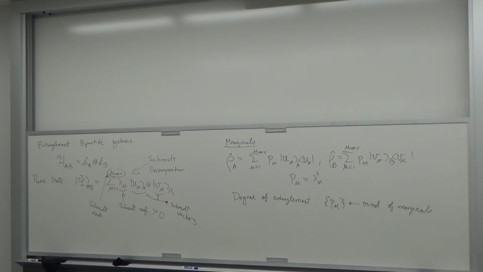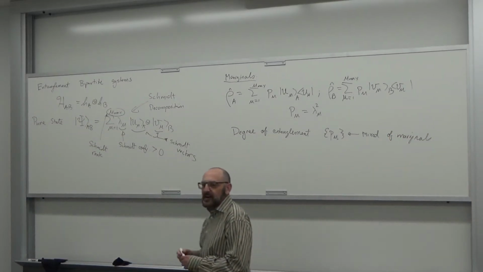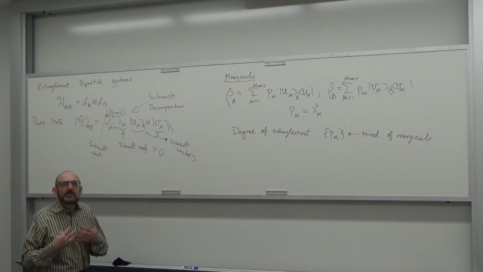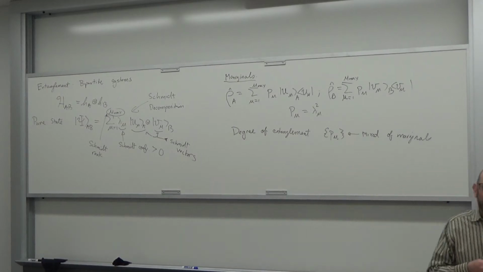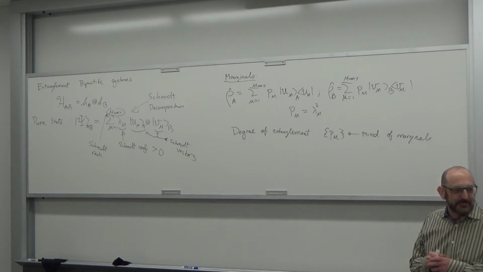Okay? And we like to be fancy and quantify that degree of entanglement in terms of the amount of missing information about the whole when we only have the parts. Okay?